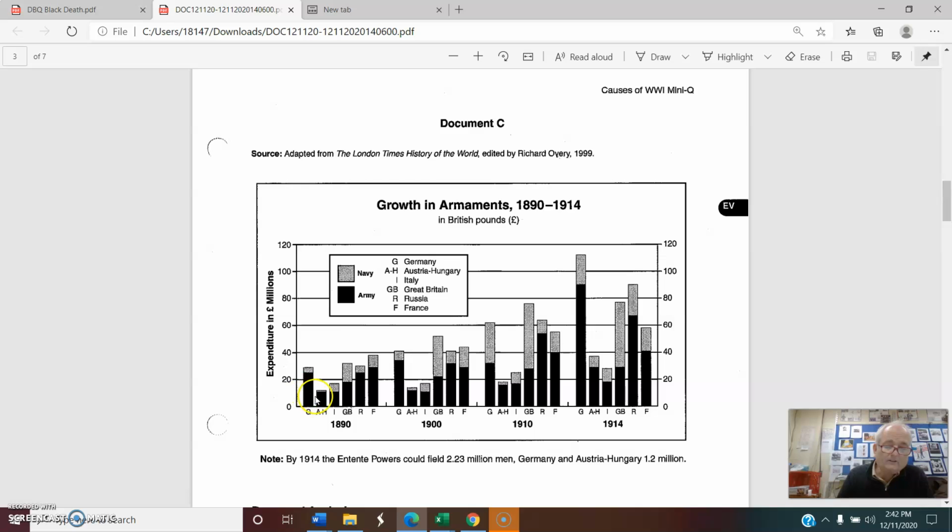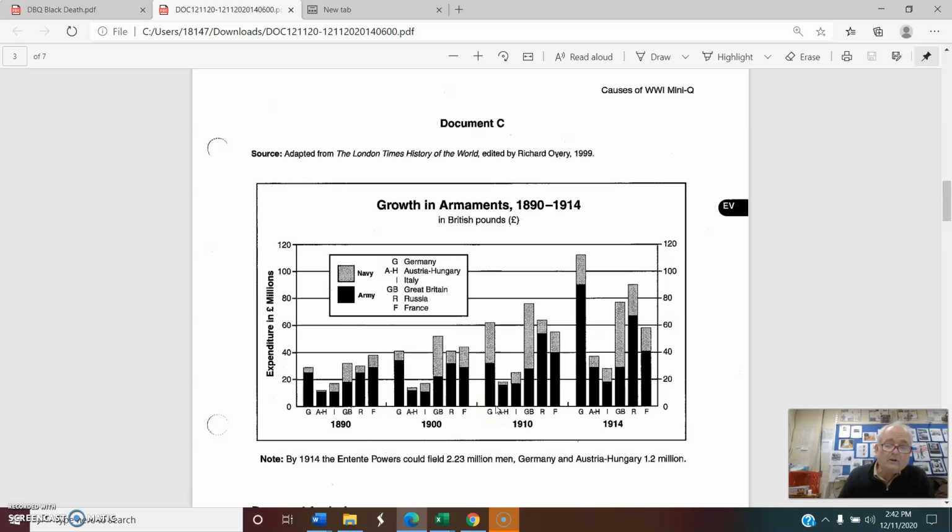And you could take a look, for example, a country like Austria, being landlocked, is not spending a lot of money, or close to landlocked, not spending lots of money on a navy, where you might expect the British to spend more money. Although you'll see too, the Germans are greatly expanding their spending in the navy as we move closer to what would become the beginning of the war.